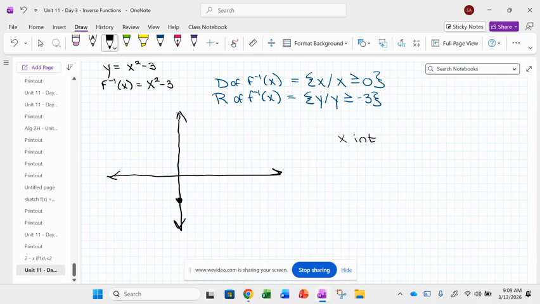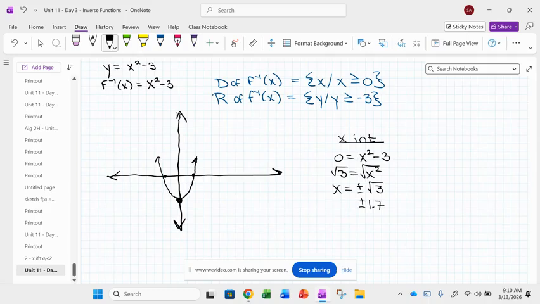So for my x-intercept, I'm going to go 0 equals x squared minus 3, 3 equals x squared, x equals plus minus the square root of 3, which is going to be somewhere a little bit less than 2. So I'm going to say plus minus, let's say like 1.7. I'm just making up between 1 and 2. So we are at around here and around here. So it looks something like this. We already know our y-intercept because I shifted 3 units down.